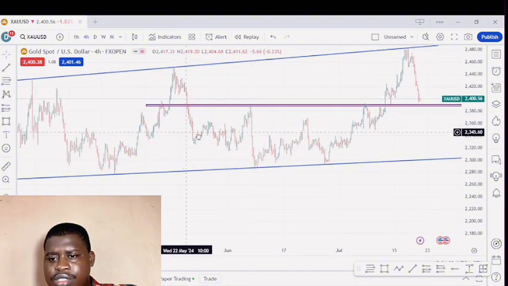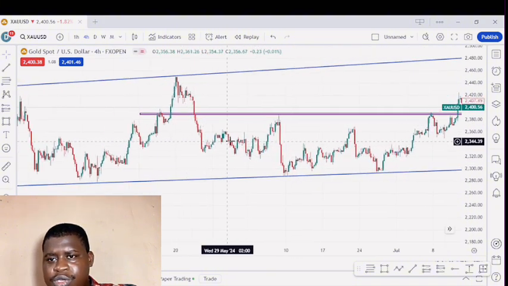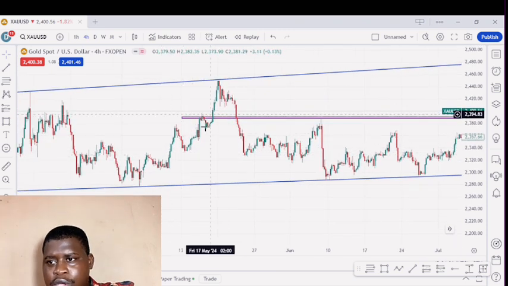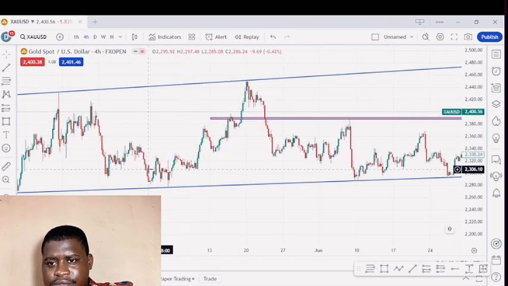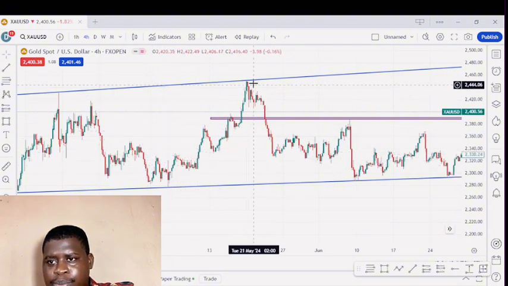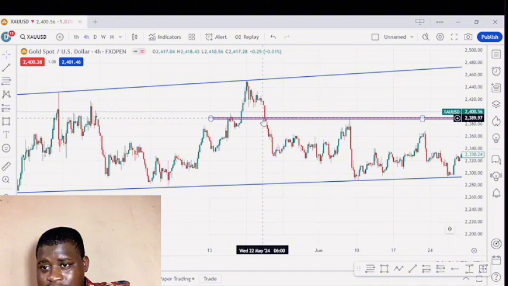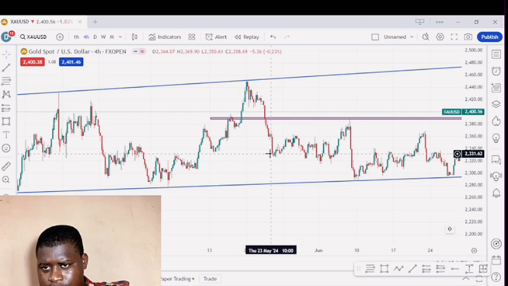Let me use this. What happened here earlier this year? Let me use this as an example to show you this level is a very strong level. This happened here. The market rallied up here, expected this level and came back, broke out aggressively. They don't respect this line, and it came here.